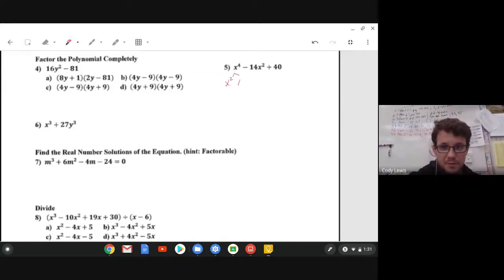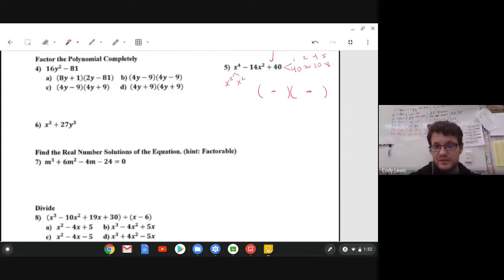So most people will remember doing this part. Remember, this could be 1 and 40. I don't like the 14. 1 and 40, or 2 and 20, or 4 and 10, 5 and 8. 6 doesn't work, 7 doesn't work. All right. Now remember, it's positive. Since the last number is positive, we know that both of these inside the parentheses have to have a negative sign.